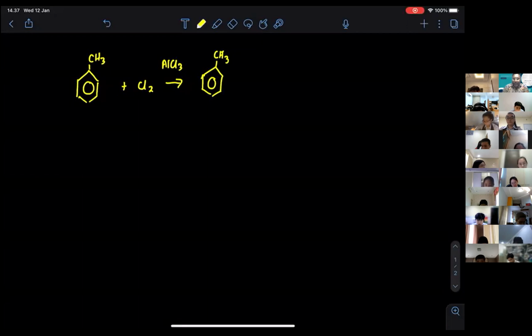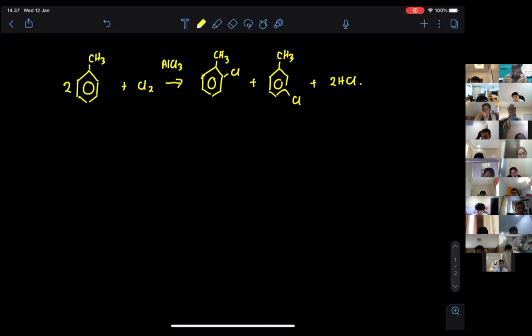So you are going to have Cl over here, and then methylbenzene with another Cl over here, and the 6 is not needed because it's the same, so plus 2 HCl. Then you complete this by putting 2 for the number of Cl.